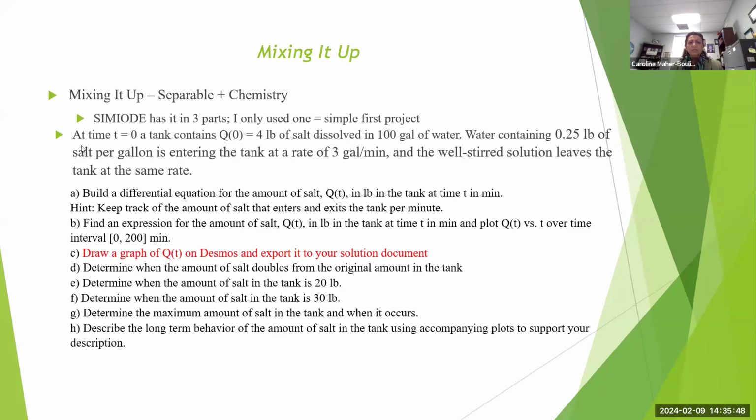I always start with this project because it's simple. The SIMIODE version actually has like 3 questions like this, or 3 parts into the project or to the scenario. I only took the first part. So we're given an amount of salt, initial amount of salt dissolved in some quantity of water, and then water entering the tank at a certain rate with a certain concentration.